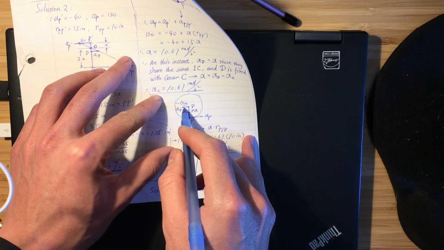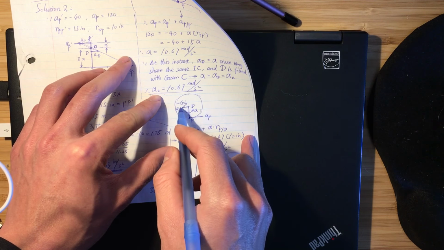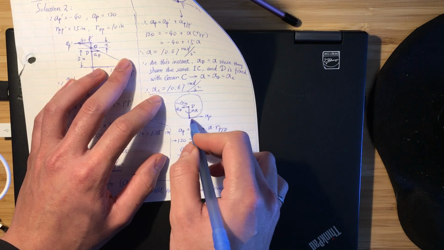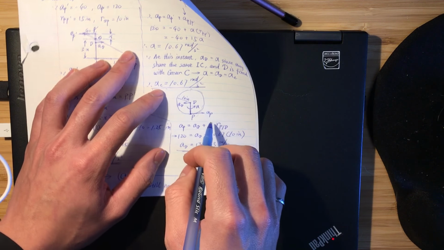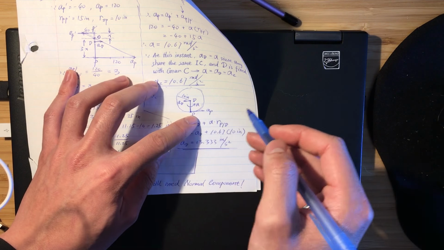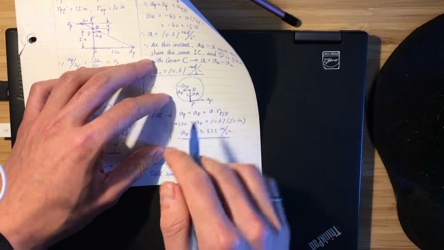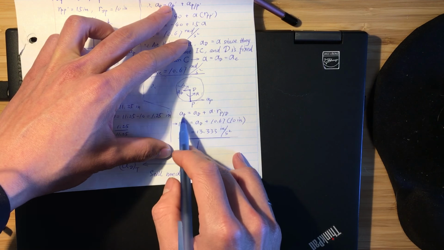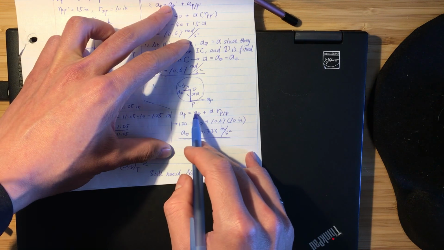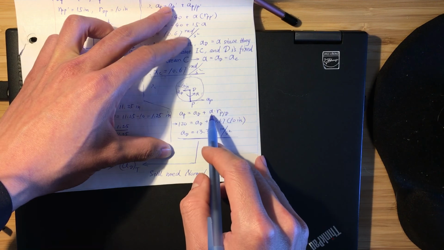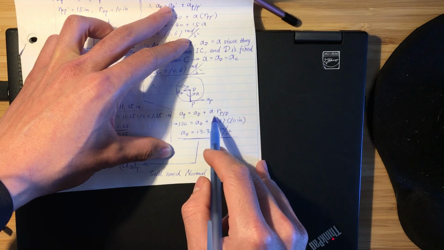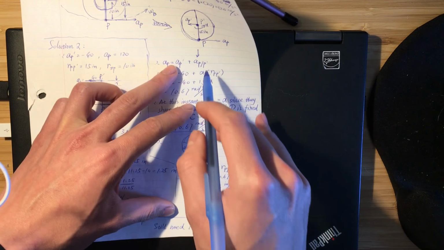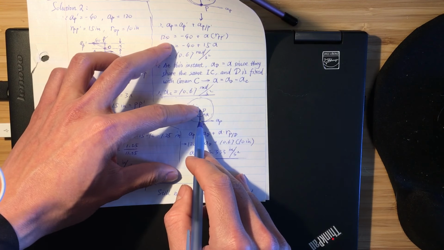And then you have AD, maybe in this direction, we don't know yet, right? And AP is in this direction, which we already know. So we have the second relationship, alpha P and alpha: the linear acceleration AP is equal to AD plus alpha times RPD, which is 10 inch rather than 15 inch, because we just use 10 inch here.